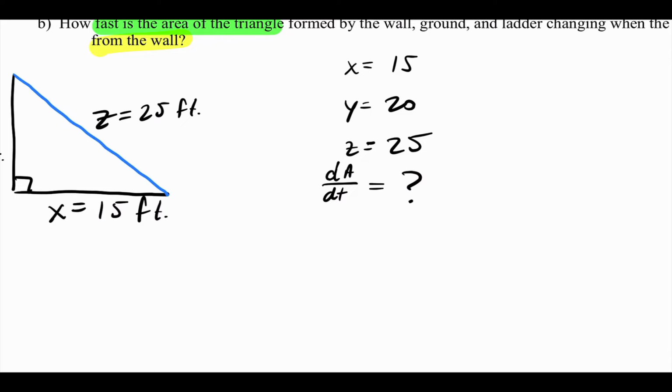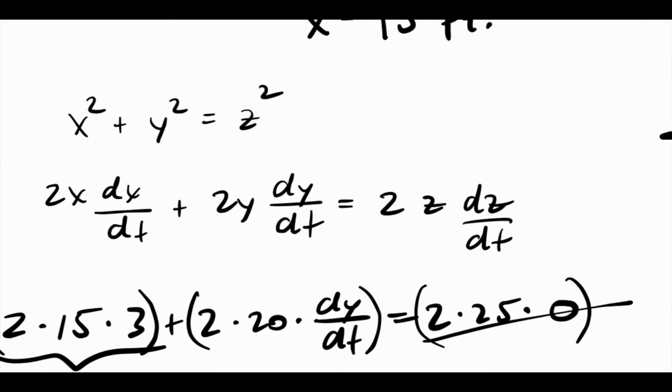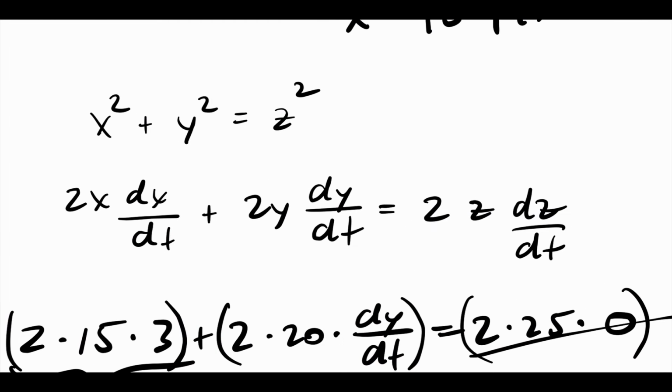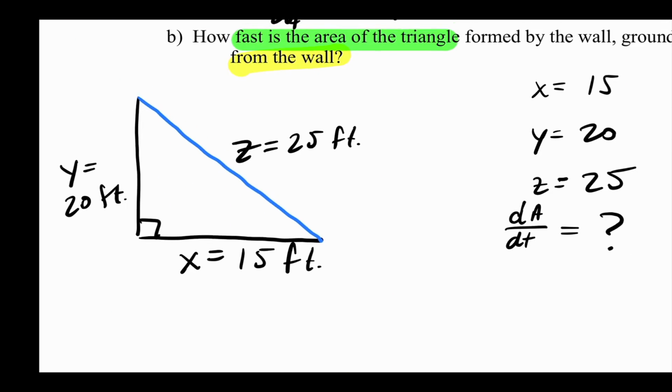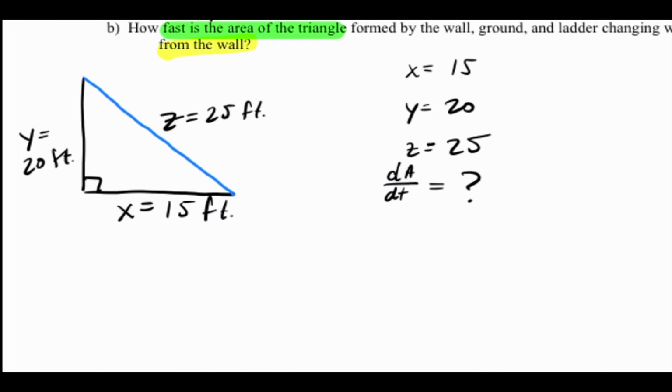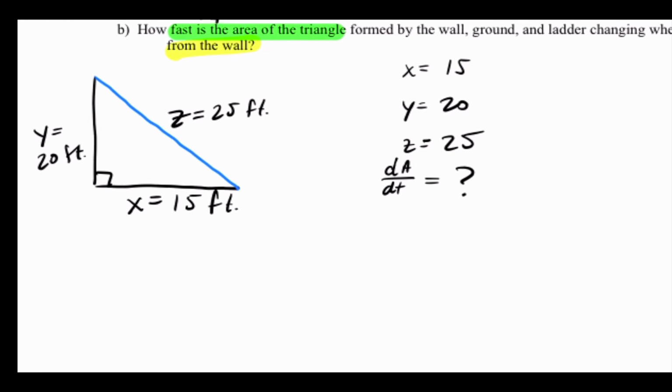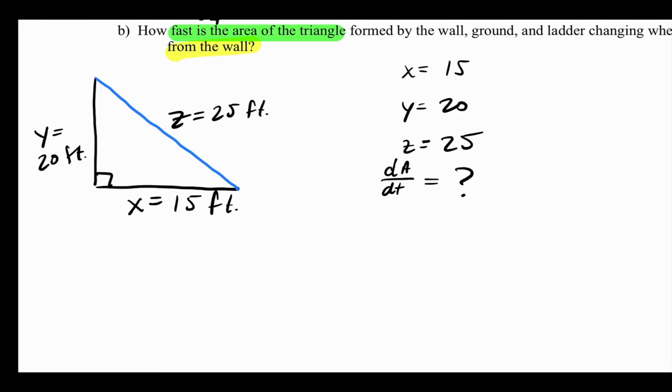Okay. Now, what is an equation that relates everything that we have with what we want to know? Would we use Pythagorean theorem for this one? The last one I used Pythagorean theorem, right? Would I use Pythagorean theorem for this question here? No. What would I use? Let me ask this question.